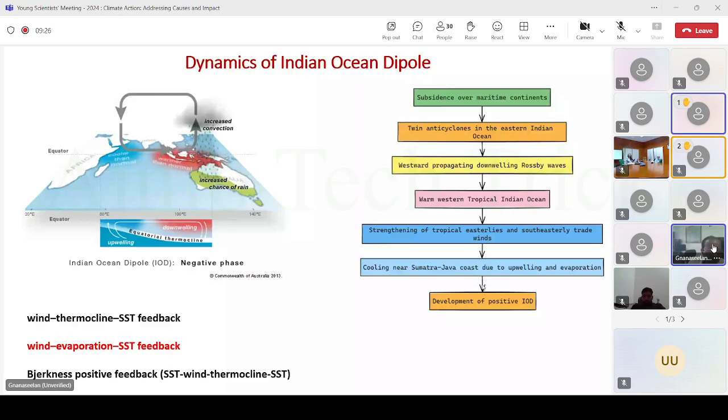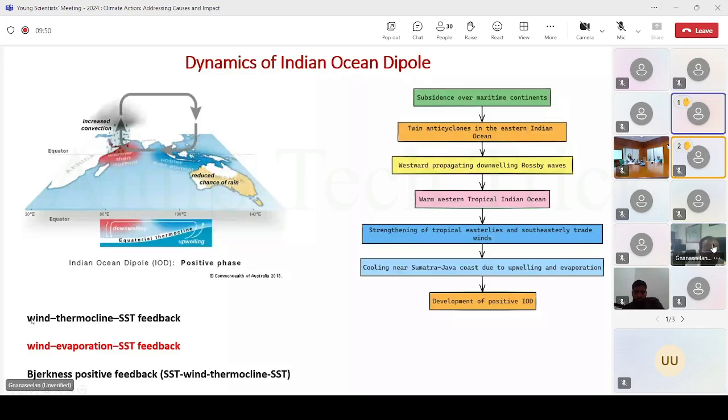If you look at this, there are different mechanisms forcing the IOD. The most popular mechanisms are, the major changes happen in the wind. Once the winds change, the thermocline gets affected. The thermocline changes, then it can affect the SST.